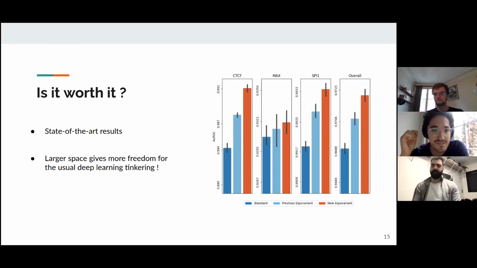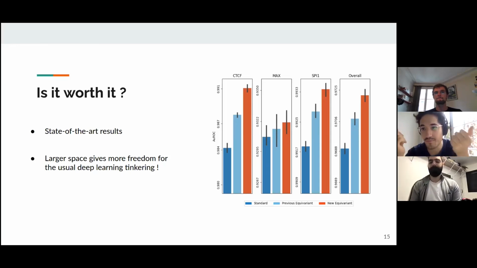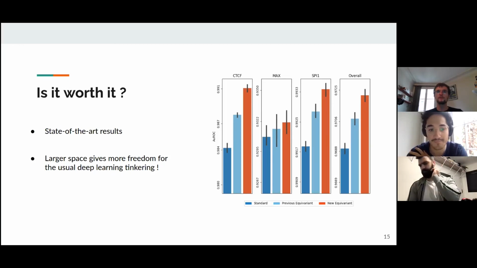Is there a risk of over-inductive biasing it? Could it be that what you think is an invariance doesn't always apply, and you might want to map the reverse complement to a different label for whatever reason, and then you just miss all those points, right? Yeah. So for a reverse complement, I think it's pretty limited.